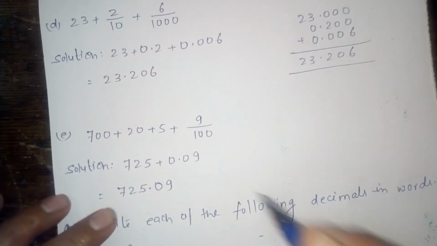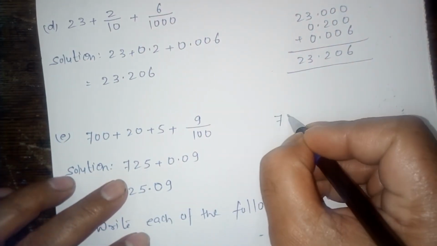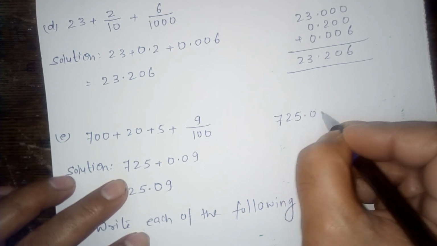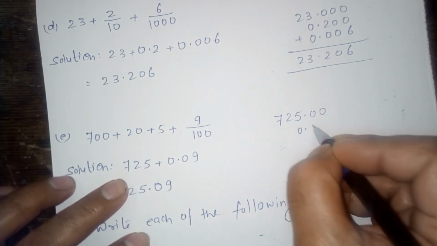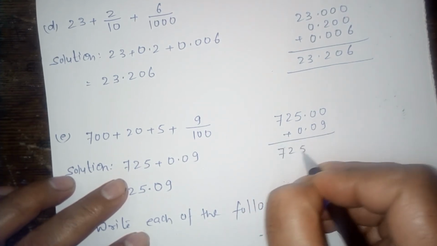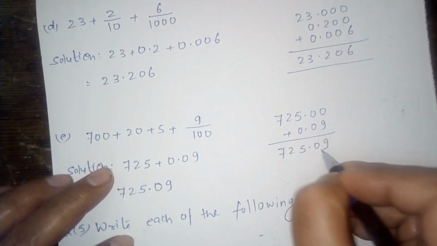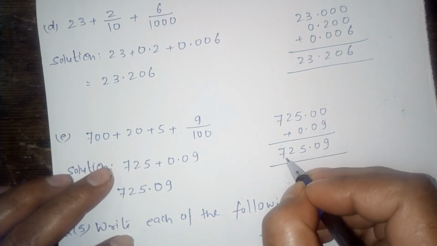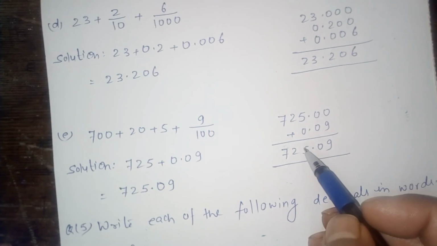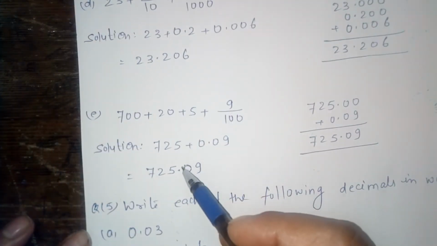How will we add? Look here, this is 725, we can write here 725.00 and 0.09. After adding we will get 725.09. This is the required answer of the given question.